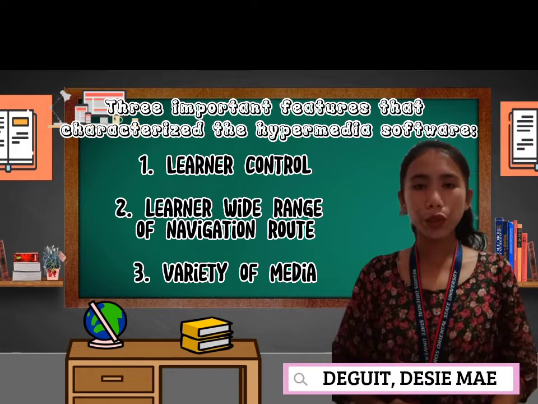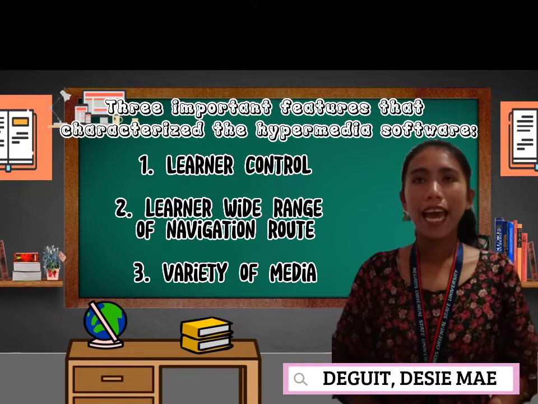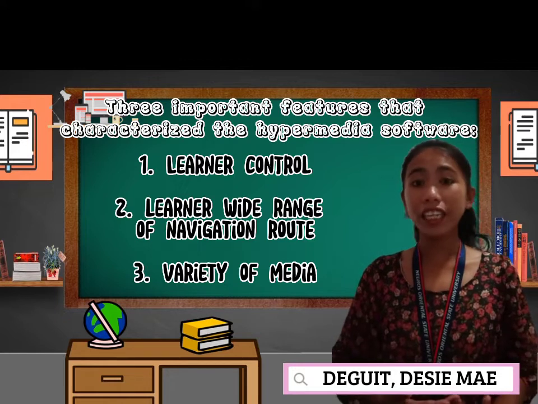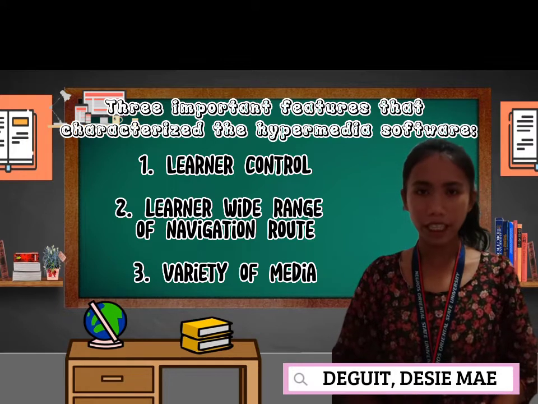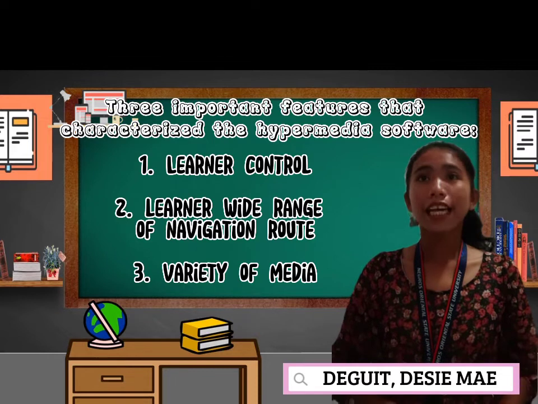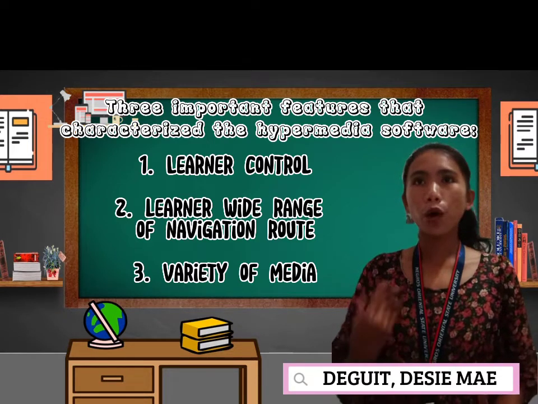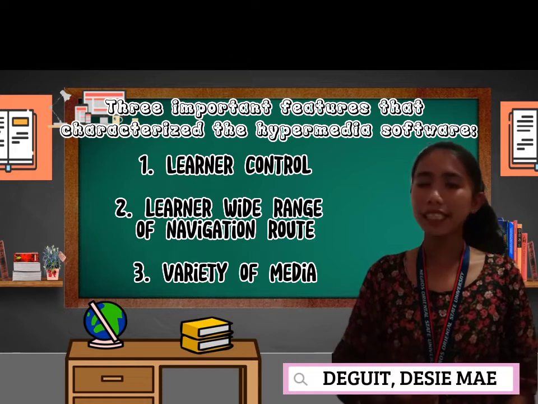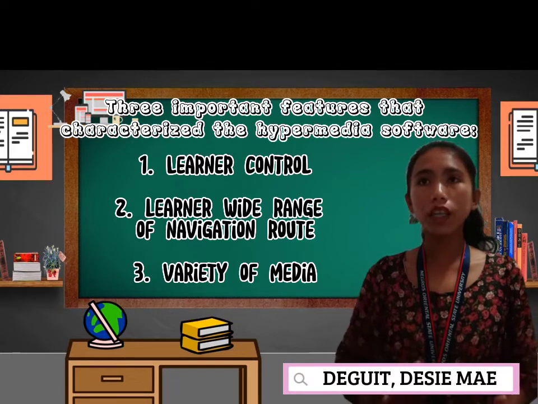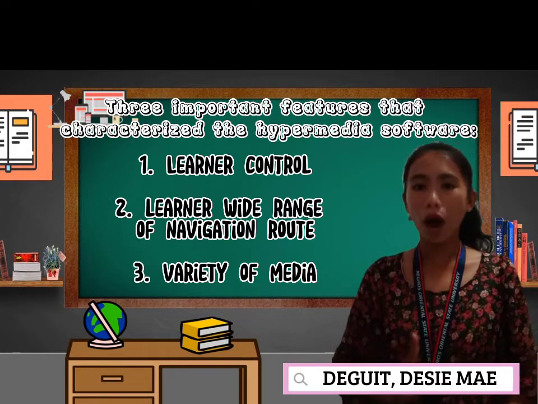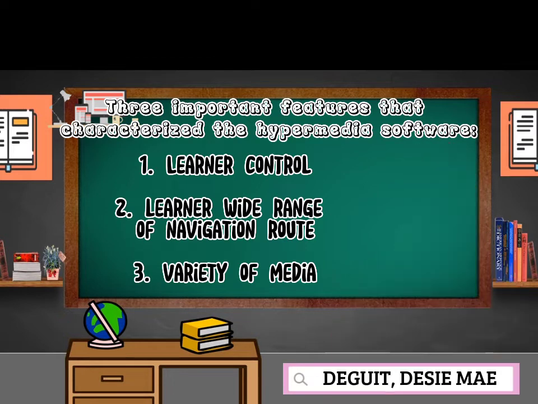The learners control the sequence of pieces and his path depending on his ability and motivation. The third one is the variety of media. It includes more than one media but does not necessarily use all the types of media in one presentation.